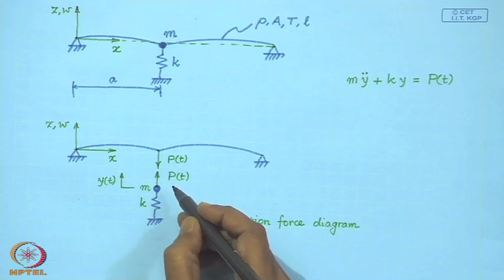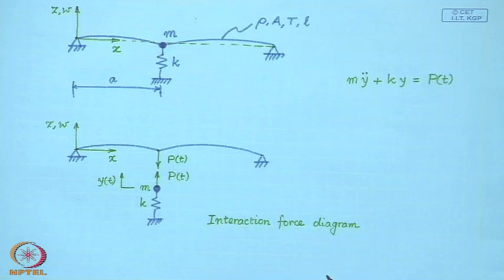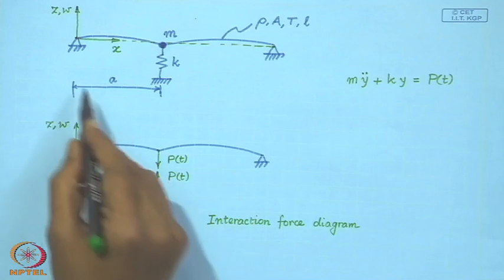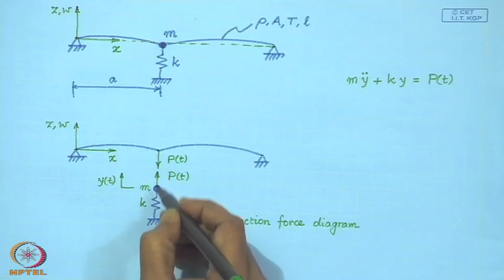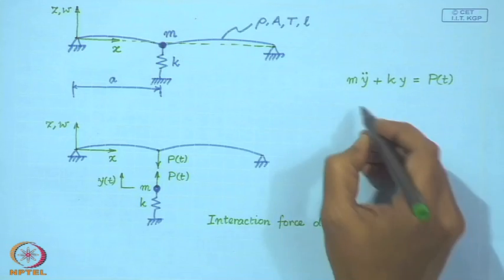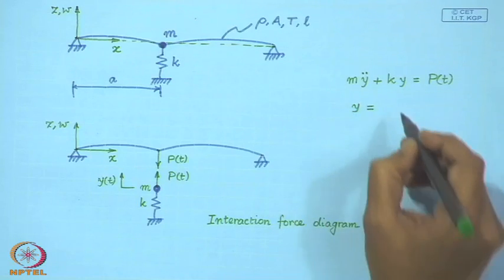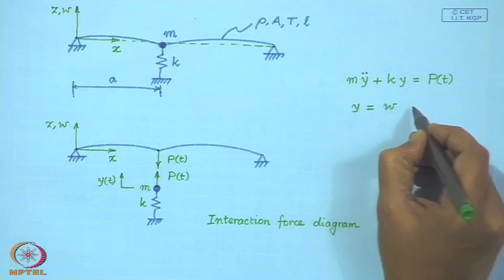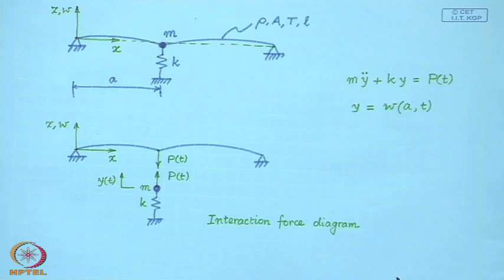Now, this is the same force that acts on the string at a location a. Since the mass has to be coupled to the string, we have this y given by w at a at any time t.